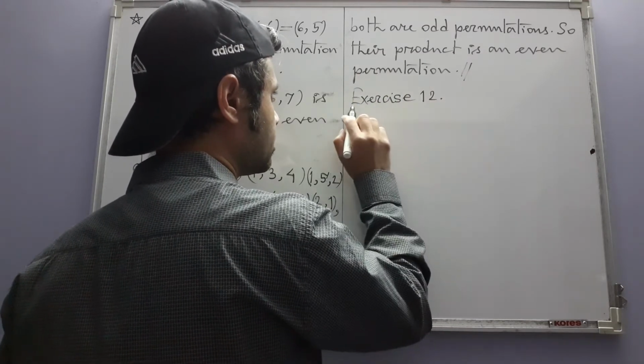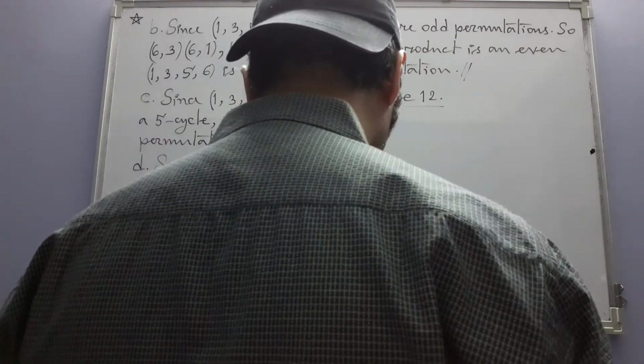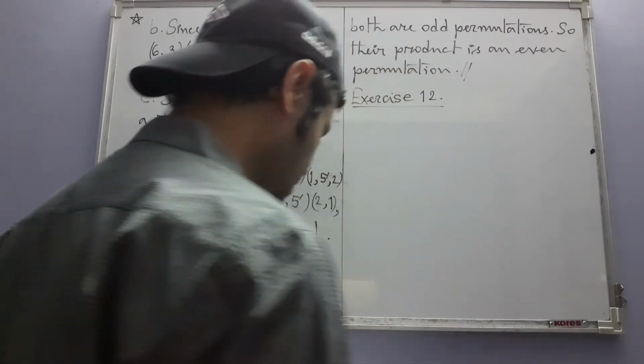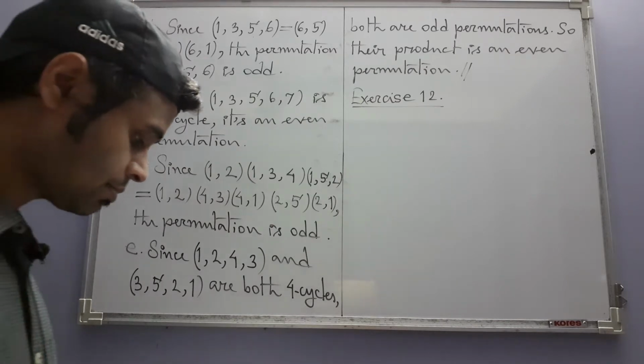The next exercise is about a property of permutations themselves. Show that a function, or rather when a function from a finite set to itself becomes a permutation.